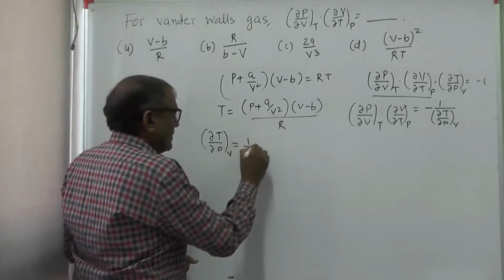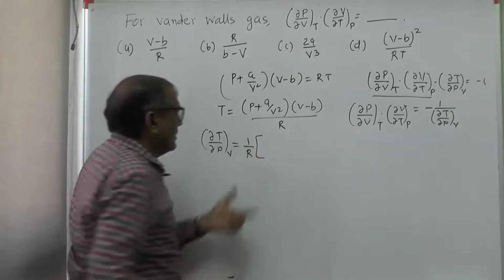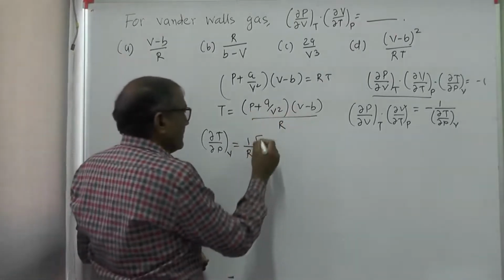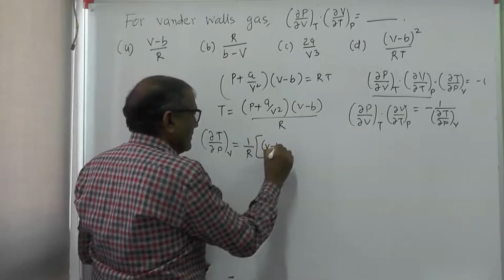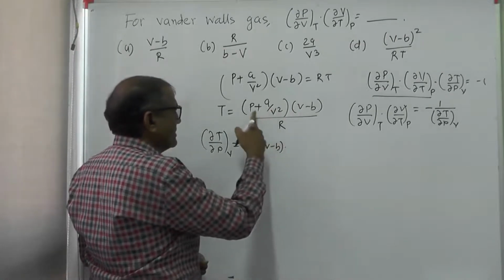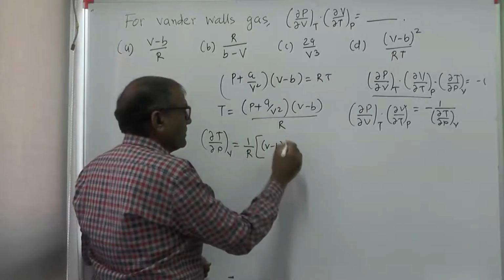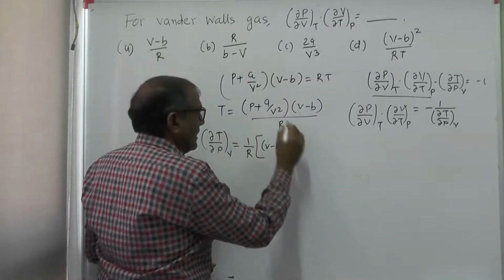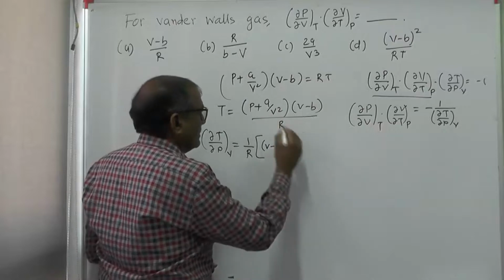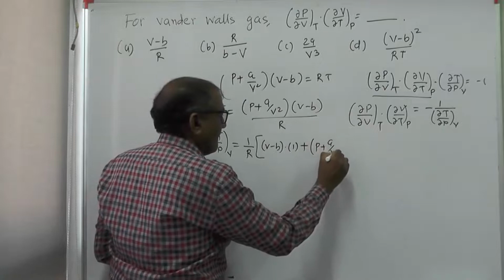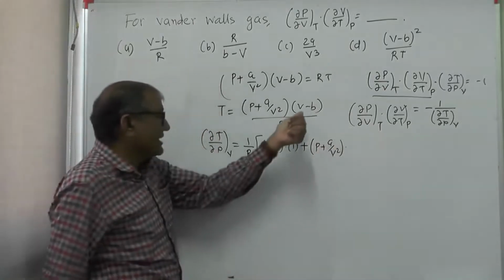So, this 1 upon R is constant, and I can use the chain differentiation rule, keeping one factor V minus B constant and taking the derivative of this one. This is again constant A upon V square, but the derivative of P would be 1, and keeping the other term constant.